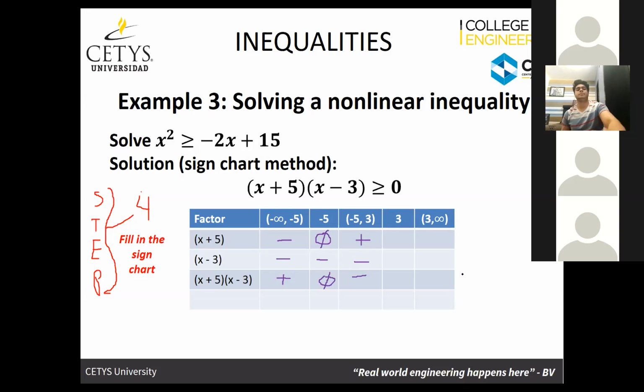I'm going to ask you something, Diego, before you go. So I asked you to choose a number between -5 and 3, right? And you could have chosen any number. And I mentioned that there was a very easy number to choose to do the operation. What number did you think that is? That's between -5 and 3. I don't know. 1. Yeah, 1 is a very easy number.